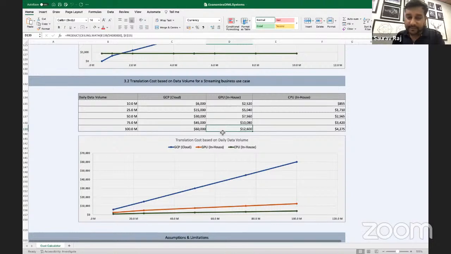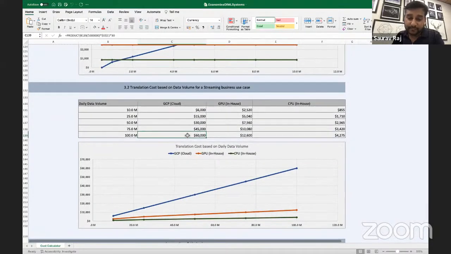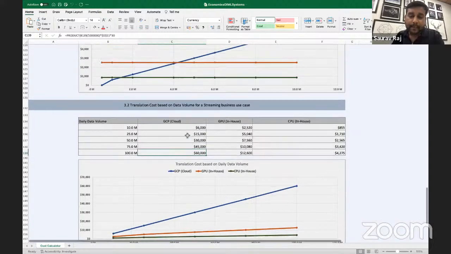That is what this chart also tells us, that for bigger enterprises who have a higher volume to process, they are going to benefit more when they build the solution in-house versus when they choose the public clouds.